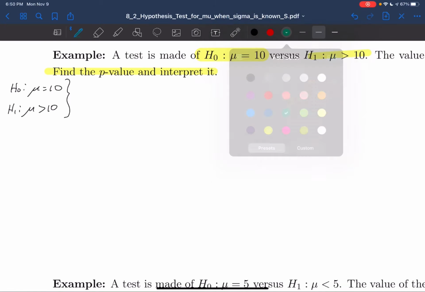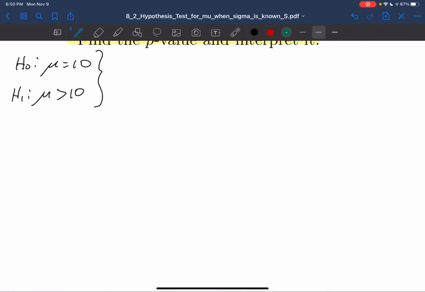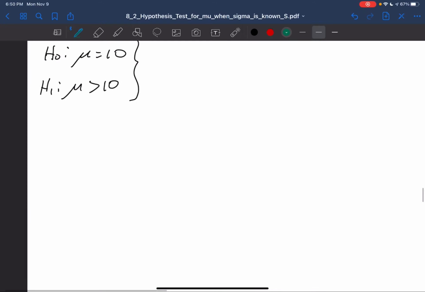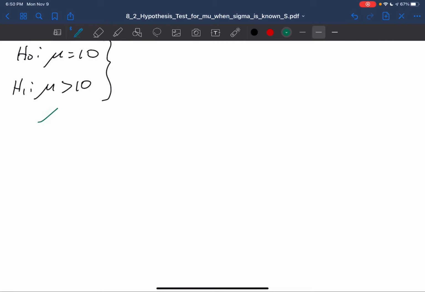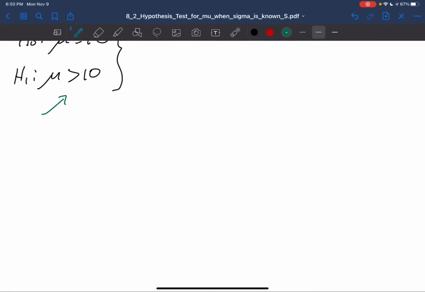What test are we dealing with? Are we dealing with a left tail, a right tail, or a two-tail test? Well, since in our alternative hypothesis we have this greater than, it kind of looks like an arrow pointing to the right. So this gives you an idea that we're dealing with a right tail test.